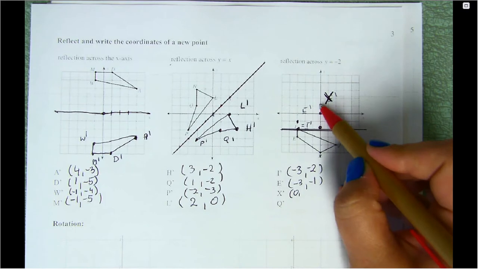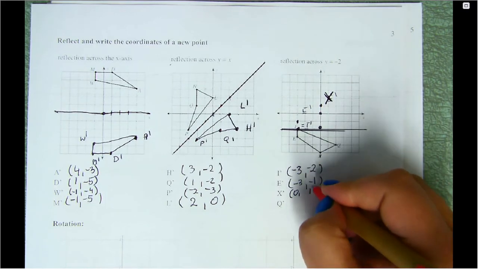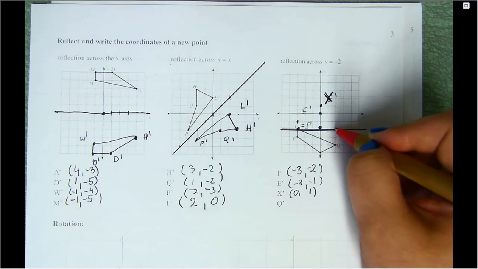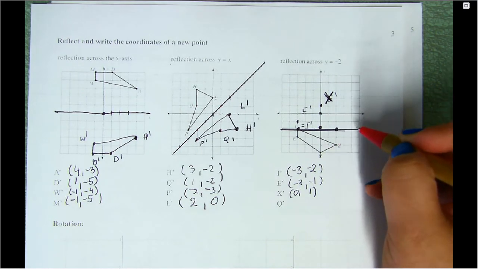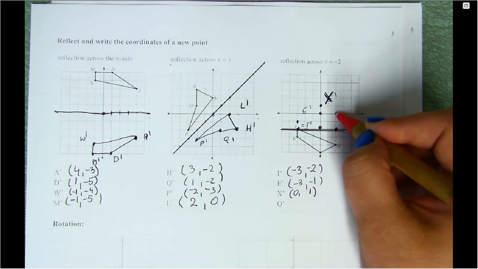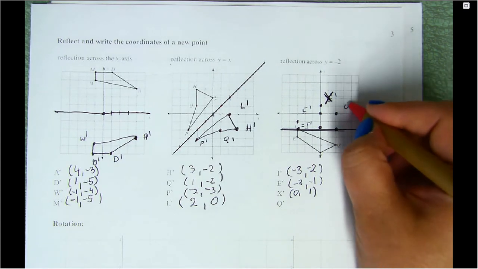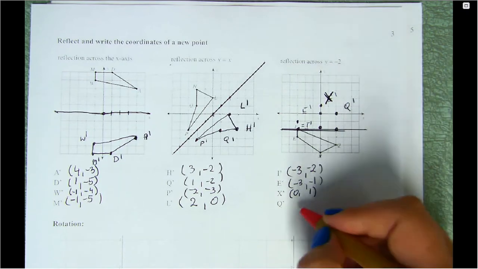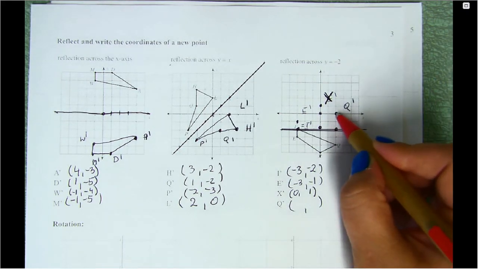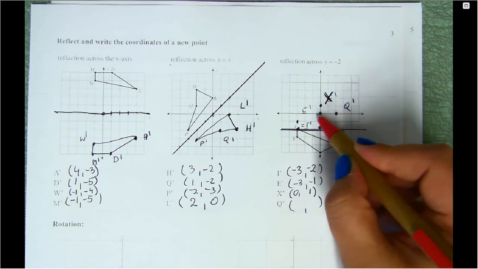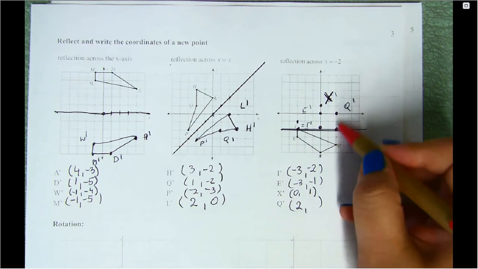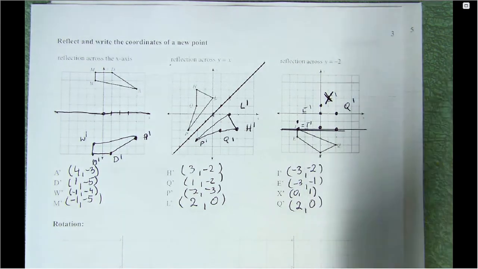But it goes up 1 for y, so it's positive 1. And Q is 2 away from my line of symmetry. That means it has to be 2 points from the line of symmetry that way. So we have my Q prime. And Q prime is 2 units away from the origin in x, and it doesn't move in y, which is 0.